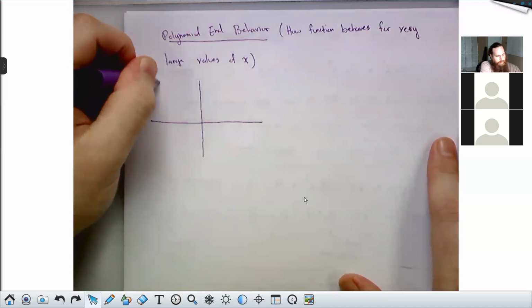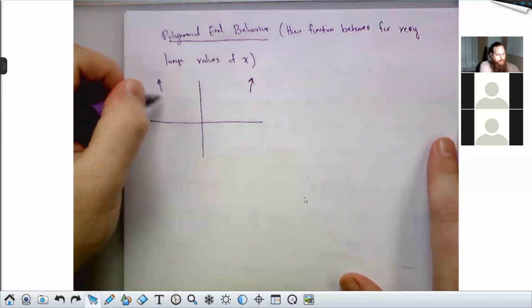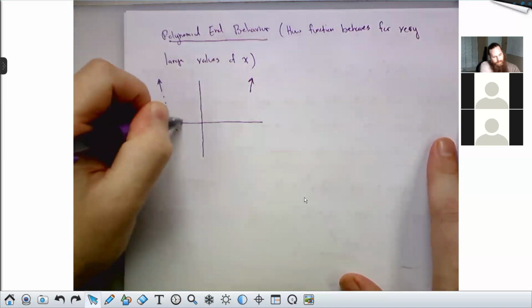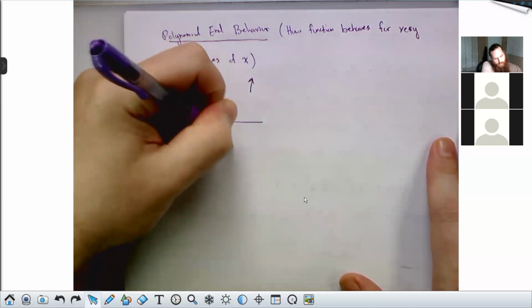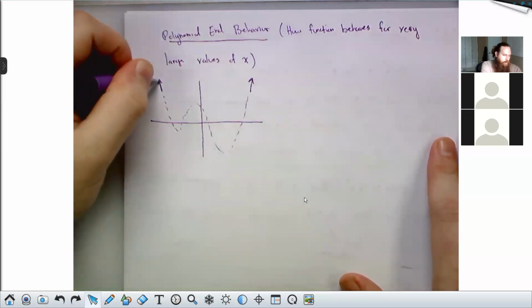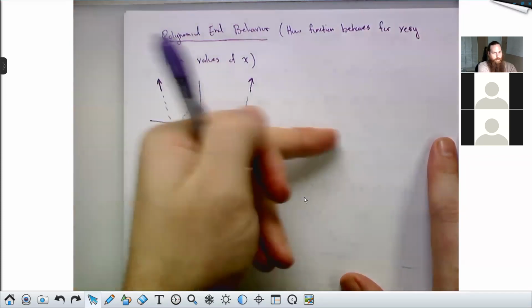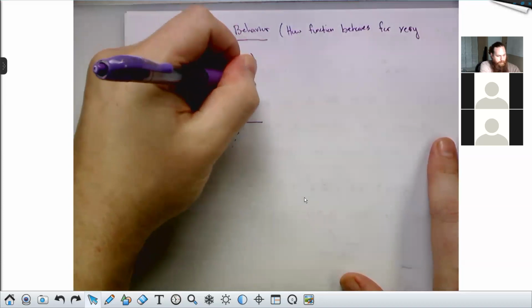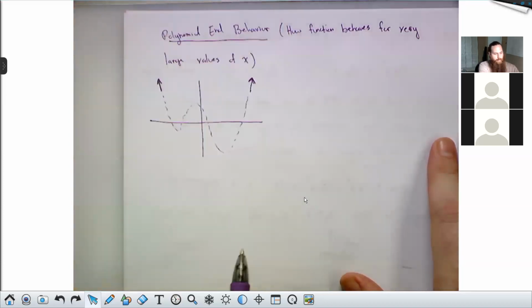If a polynomial has even degree and a positive lead coefficient, then on either side, as you go off really far to the left or really far to the right, the graph will go either up on both sides or down on both sides.